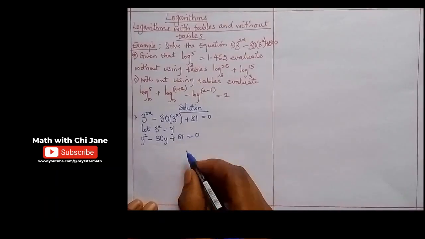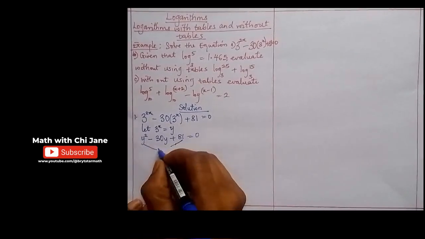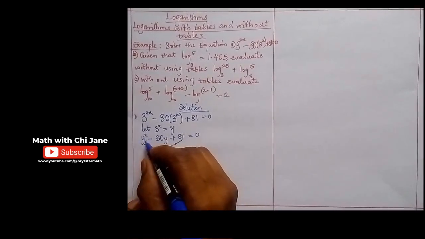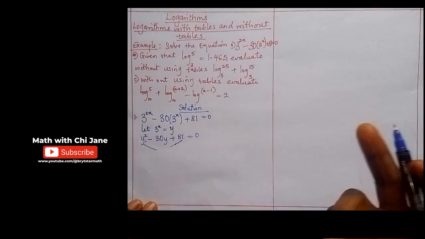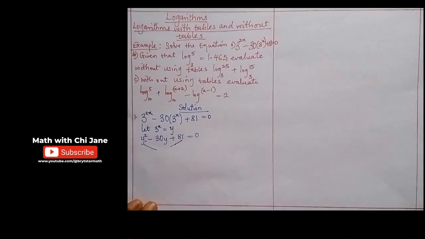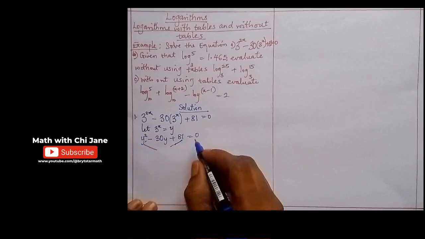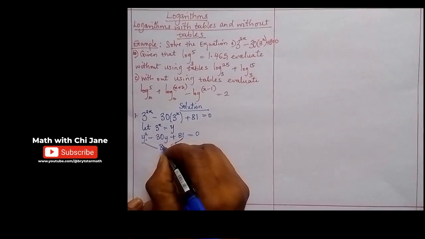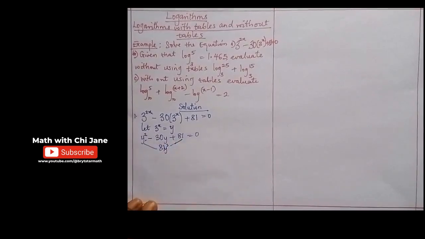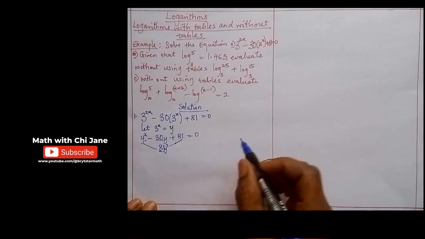It has become a quadratic equation, so we multiply the constant with the coefficient of the variable with the highest power, which is y squared. We multiply 81 by y squared, so it becomes 81y squared. So we'll look for the sum and product.